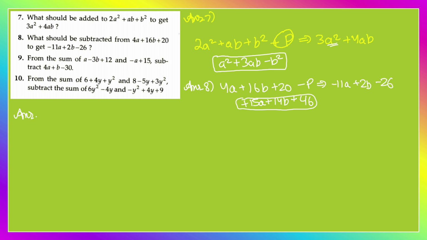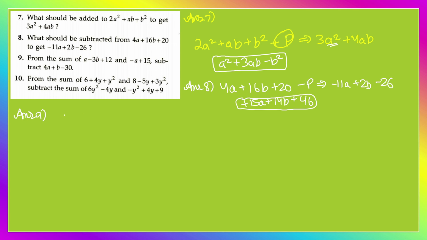Now answer 9, from the sum of a minus 3b plus 12 and minus a plus 15 subtract 4a plus b minus 30. So what we have to do, we have to first of all add the polynomials, then we have to subtract this from that.